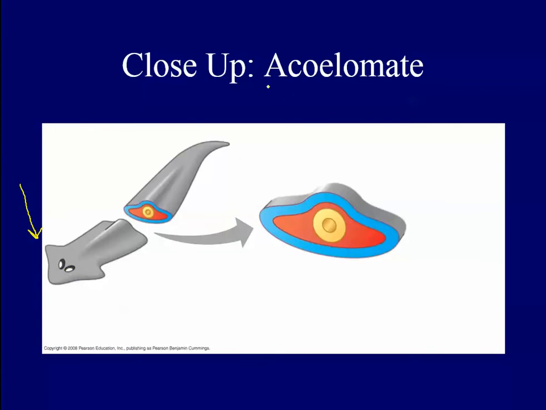A flatworm, and we will talk about these in the next unit or two. I love these little planaria and their big eye spots. These are examples of acoelomates. Now again, if you cut a worm open, you're not going to see blue, yellow, red, all right? But what this is showing you, the yellow represents the digestive tract, which we all know is formed by endoderm, and that it is not considered a body cavity. So this flatworm has no body cavity outside its digestive tract, so it is acoelomate.